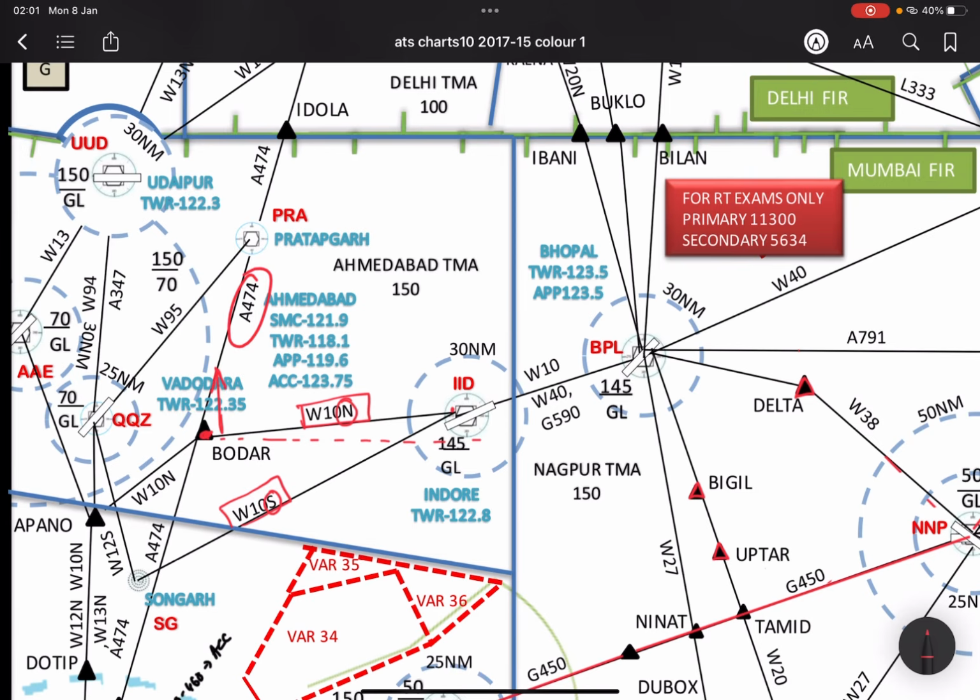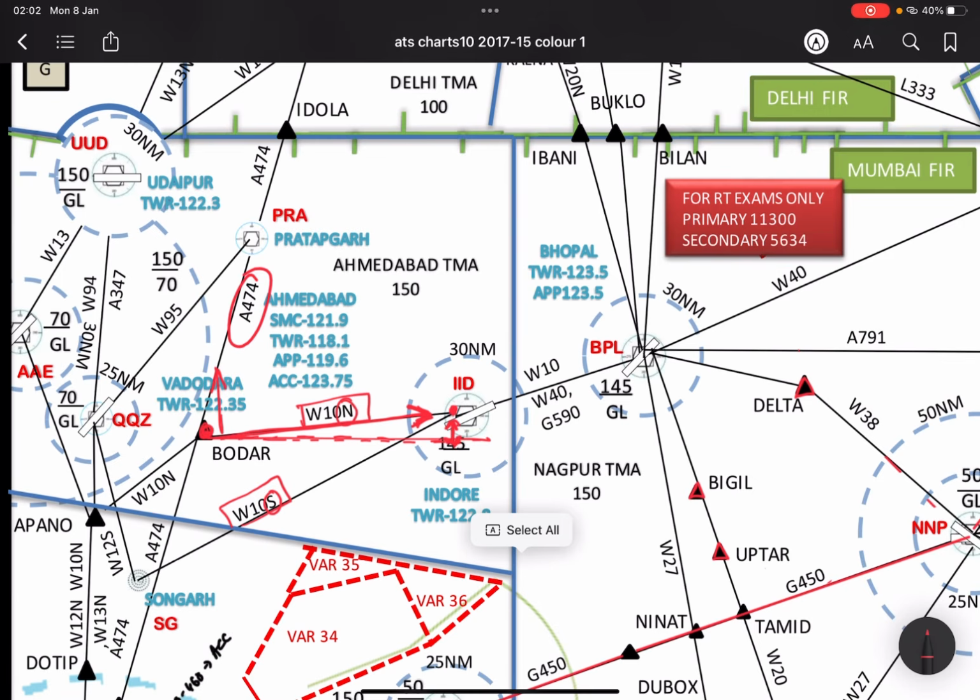If this is north, then this is east. You see how Indore is roughly to the north of Bodar. Ideally it is to the east, but vertically it is a little to the north, meaning only northerly traffic can flow in this direction.